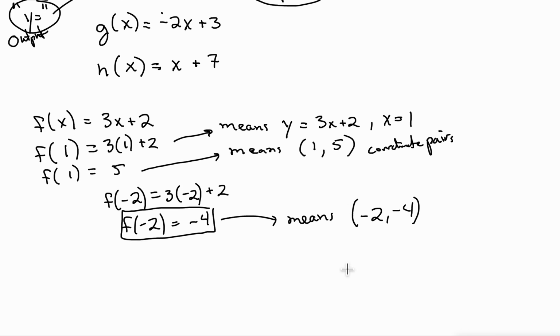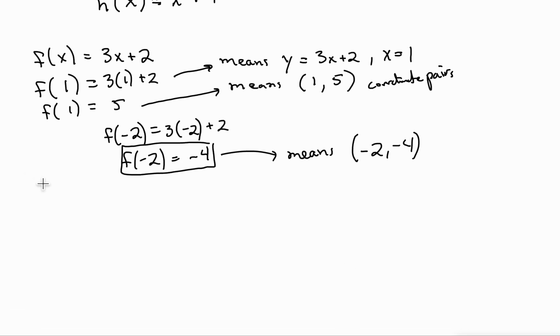So now, that's when we had x as a number. So let's look at example 2. If we are given f of x equals 3, that means that 3 is our y.